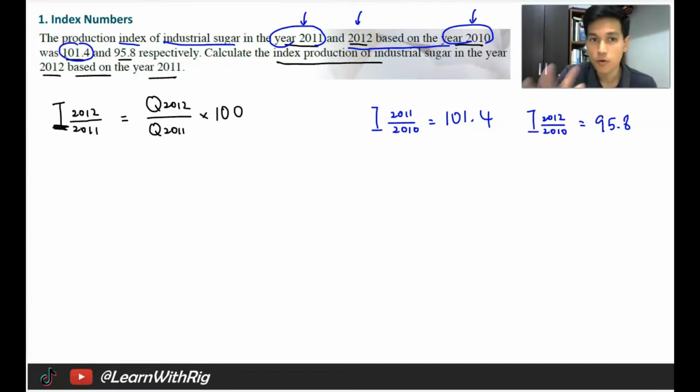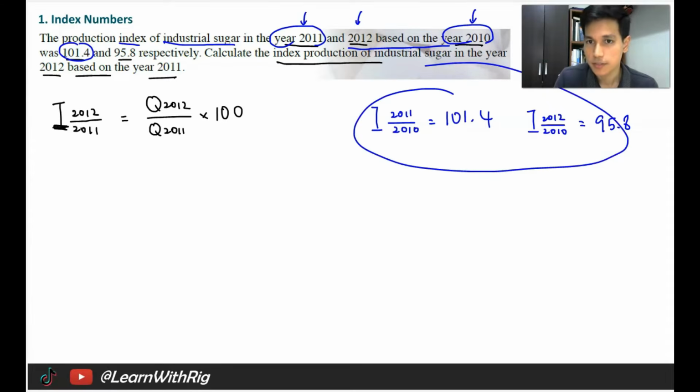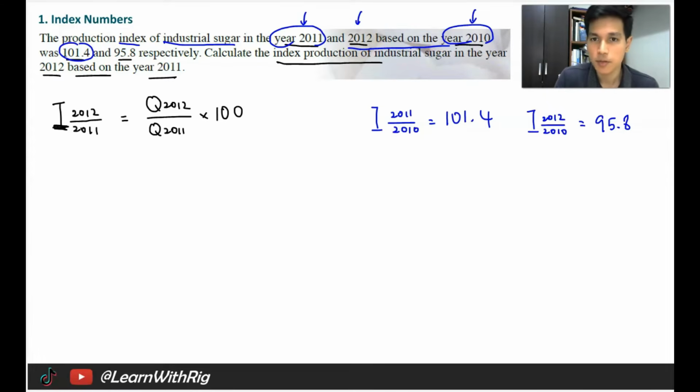So now, before we solve this, we have to break this down first. So what's the formula for index? The formula is Q1 over Q0. But in this case, since it's 2011 and 2010, I'm going to take Q 2011 over Q 2010 times 100, correct?